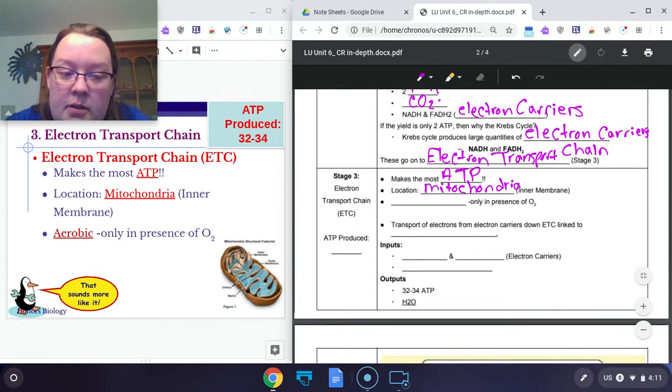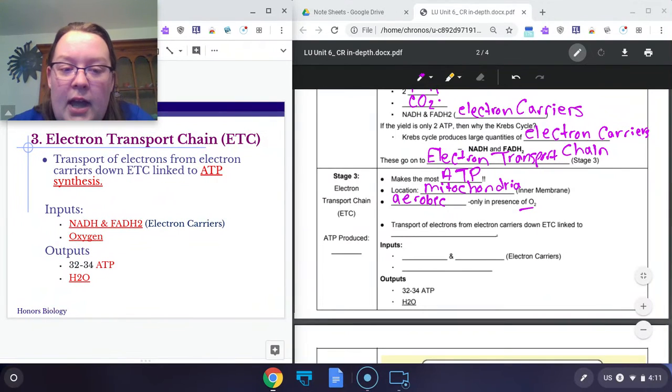This process is aerobic. Again, in the mitochondria, it requires oxygen, so it's called aerobic. Requires air. And what happens in the electron transport chain is all of the electron carriers that we made so far go here, and they are going to be used to make ATP in a process called ATP synthesis.